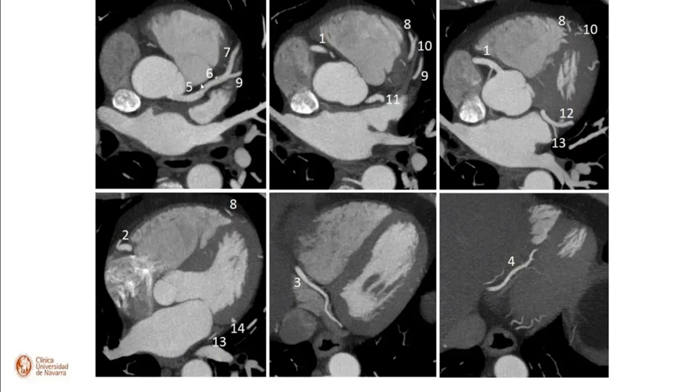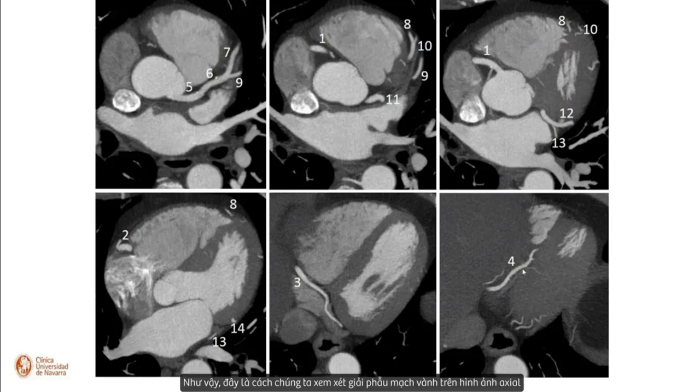Segment 5, proximal LAD, mid LAD with the first diagonal branch, distal LAD with the second diagonal branch, circumflex, proximal circumflex, first obtuse marginal branch, distal circumflex, second obtuse marginal branch, RCA, mid RCA, distal RCA, posterior branch, posterior descending artery.